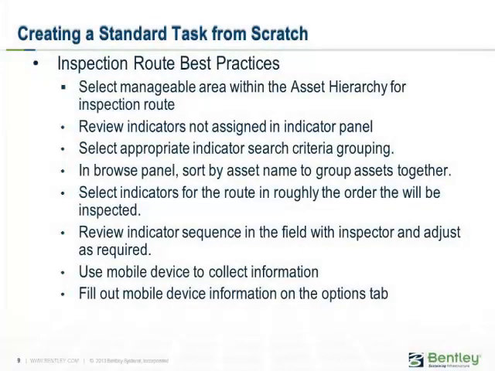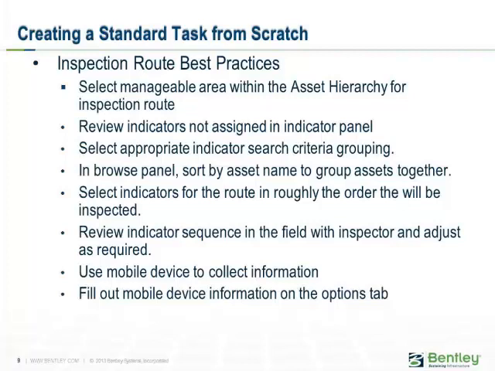Best practices: creating an inspection task. Select a manageable area within the asset hierarchy for the inspection route. Review indicators not assigned in the indicator panel. Select the appropriate indicator search criteria grouping. In the Browse panel, sort by asset name to group assets together.